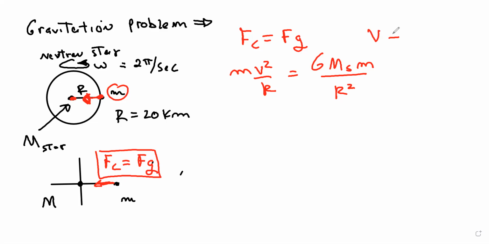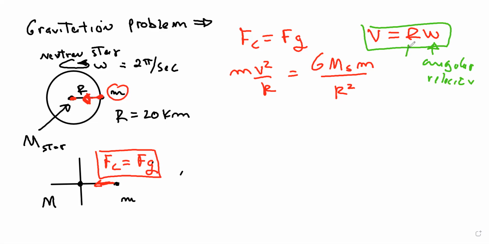The linear velocity is related to the angular velocity with this formula: v equals r omega. This would be the angular velocity, this would be the radius, and this is the linear velocity.